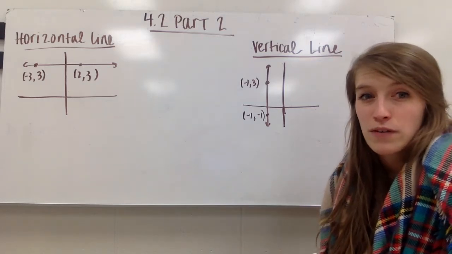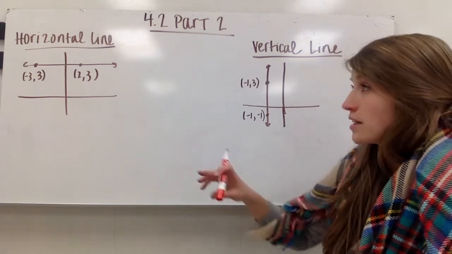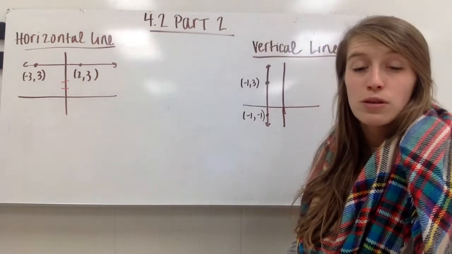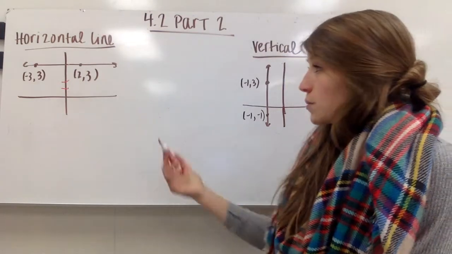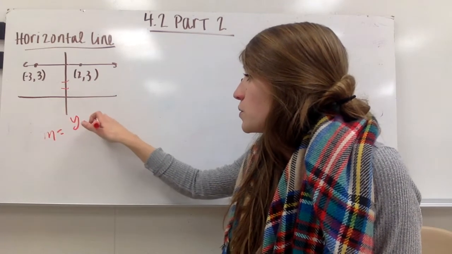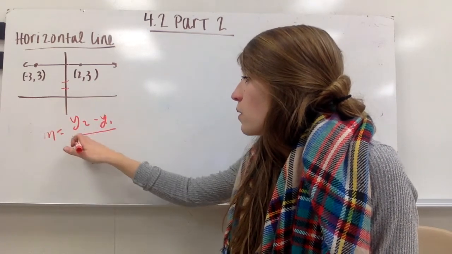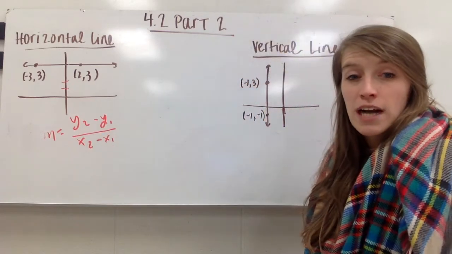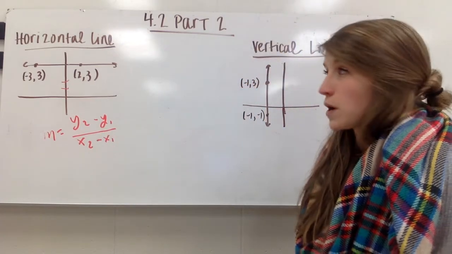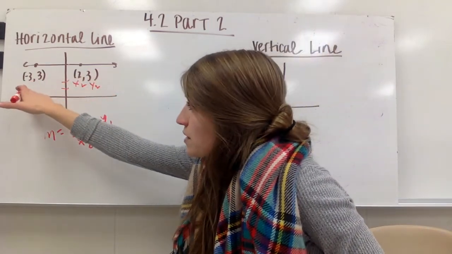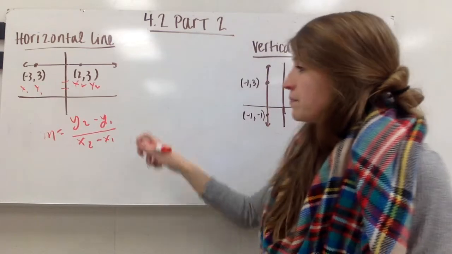Let's take a look at it when we have a horizontal line. So let's say this is my horizontal line right here. It goes through the point y is equal to 3. Remember that my slope I can always find by taking y2 minus y1 over x2 minus x1. Now in this case, I'm going to call this x2 and y2. This point's going to be x1 and y1.